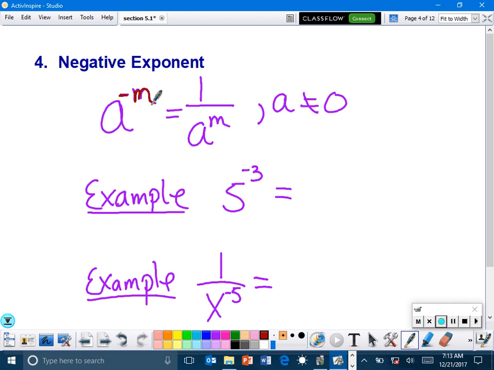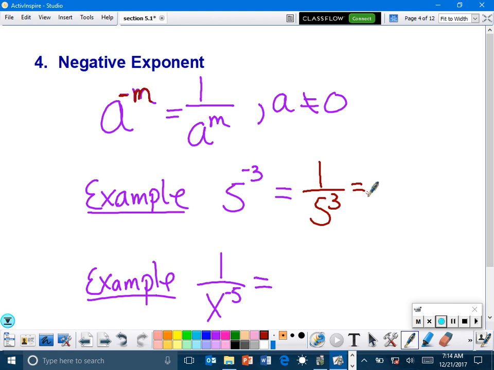To take care of that, we simply drop it down to the denominator. So we would write 1 over a to the m power. When you see a negative, drop it to the denominator. In this example, 5 to the negative 3, we simply would rewrite it as 1 over 5 to the third power.